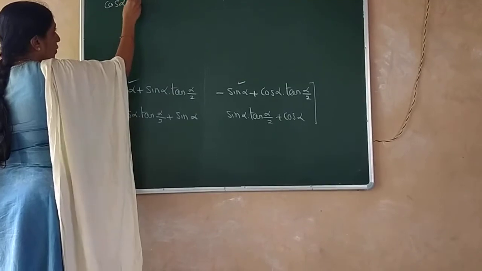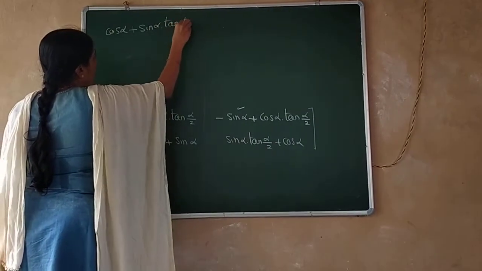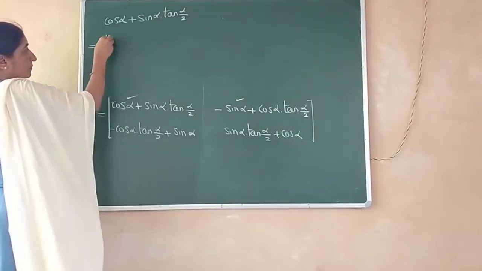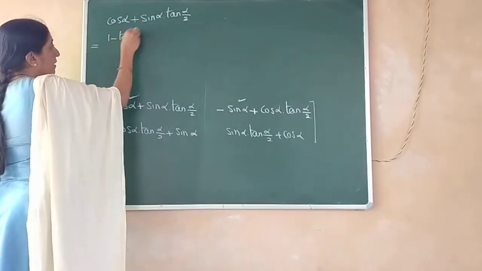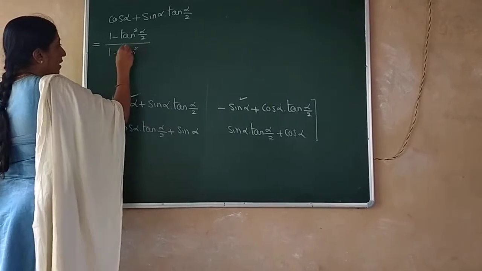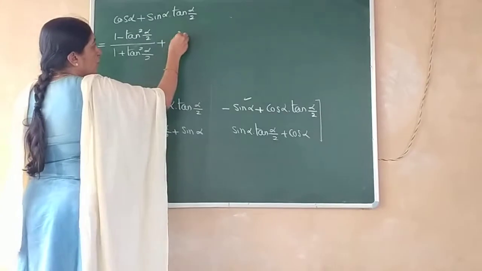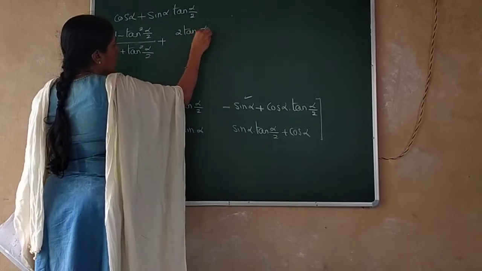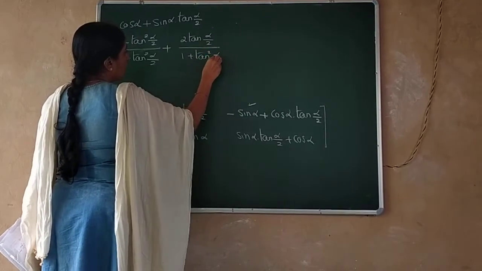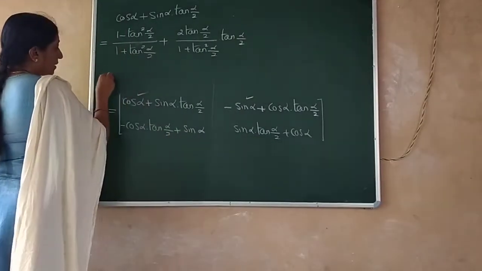Here consider cos alpha plus sin alpha into tan alpha by 2. How do you write cos alpha in terms of tan? (1 minus tan square alpha by 2) upon (1 plus tan square alpha by 2), plus, you know how to write sin, 2 tan alpha by 2 upon (1 plus tan square alpha by 2), into tan alpha by 2.